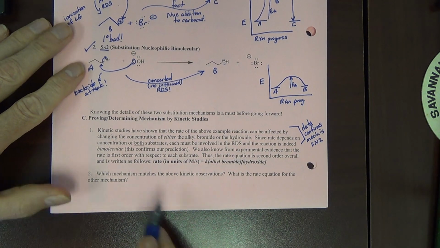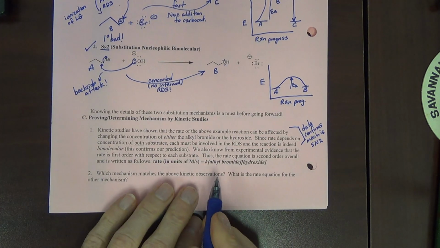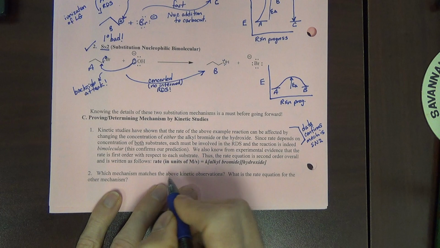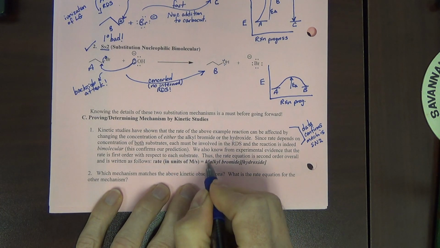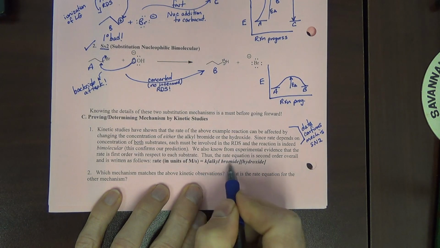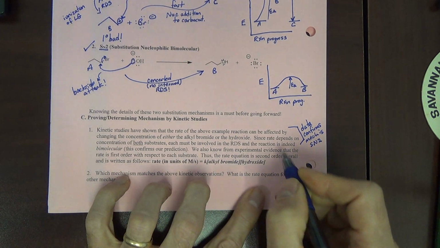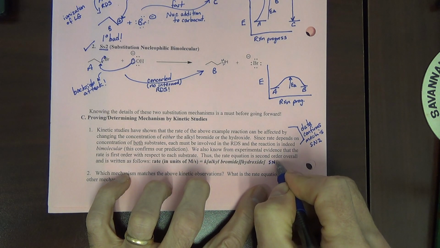The rate equation for the SN2 is, if you remember from Gen Chem, the rate equals some constant times the concentration of the alkyl bromide times the concentration of the hydroxide. That is, again, SN2.